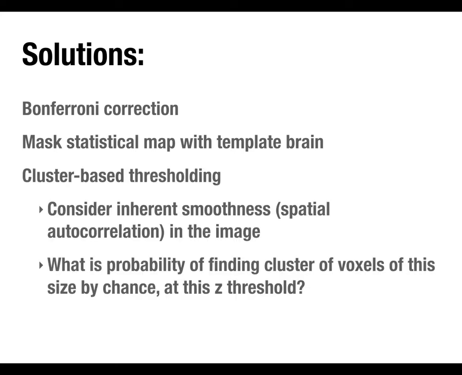Another one is, and this is the one that people use in practice most of the time, some sort of cluster-based thresholding. So here the idea is that we consider the smoothness of the image, or what we expect to be the inherent autocorrelation between adjacent voxels, and use that as a way of predicting just by chance what's the odds.